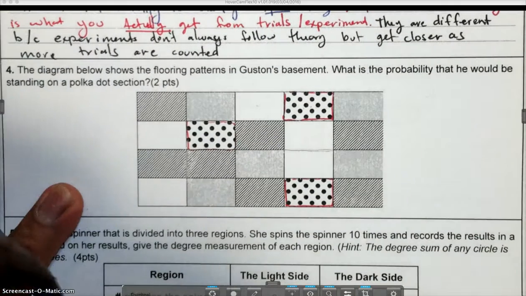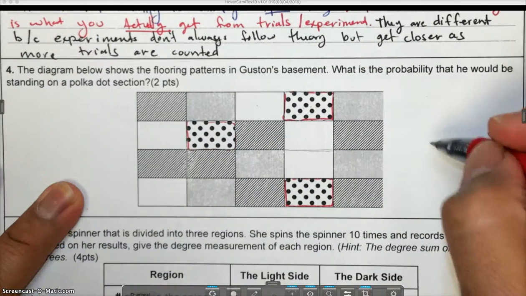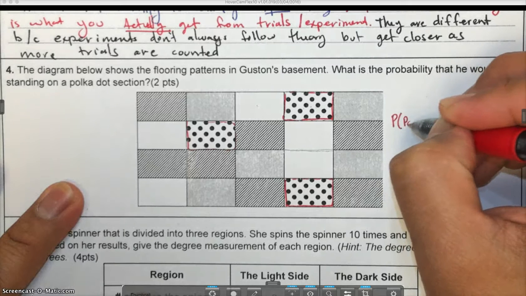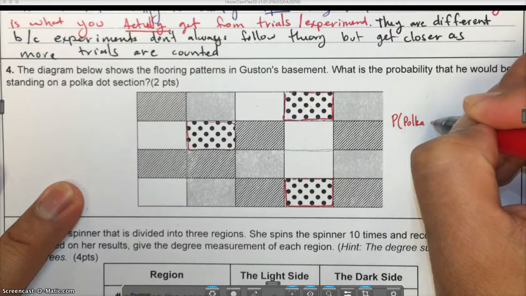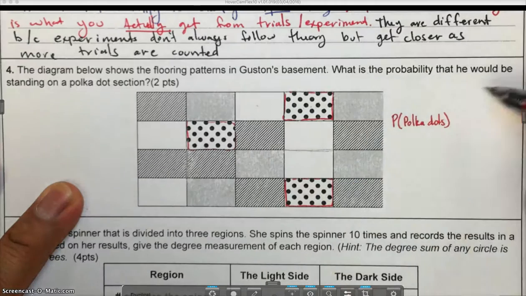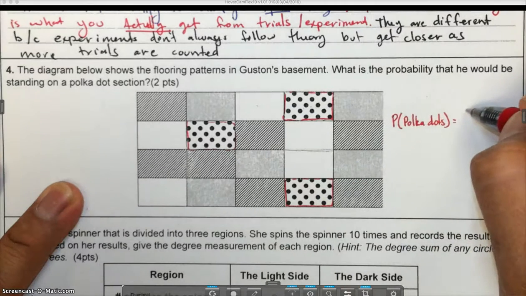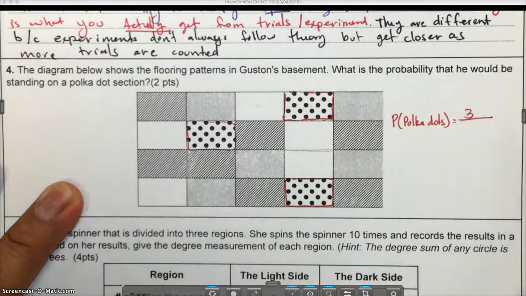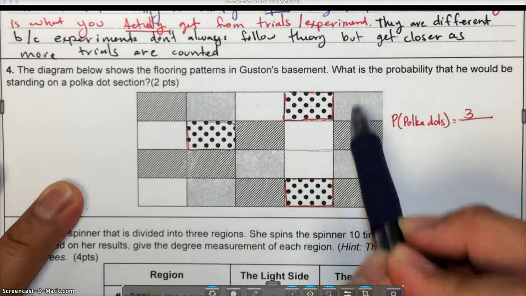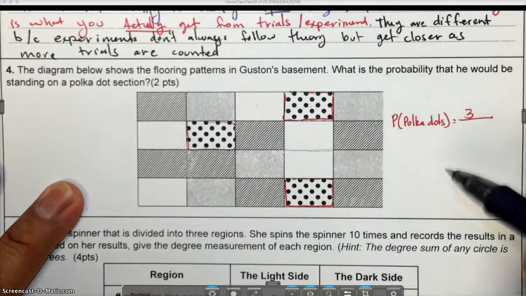Okay, so my desired, so probability of polka dots, okay, is 1, 2, 3 desired. There are 3 spaces out of a total of 1, 2, 3, 4, 5. 1, 2, 3, 4 out of 4.